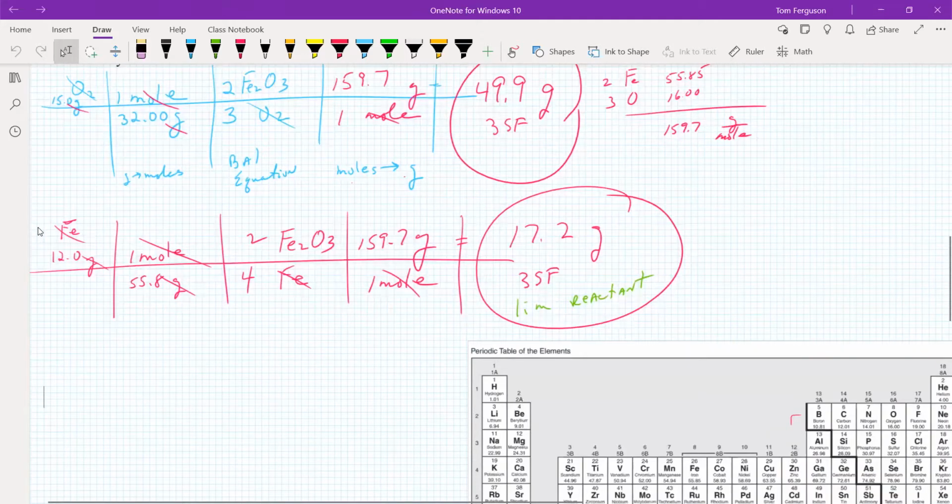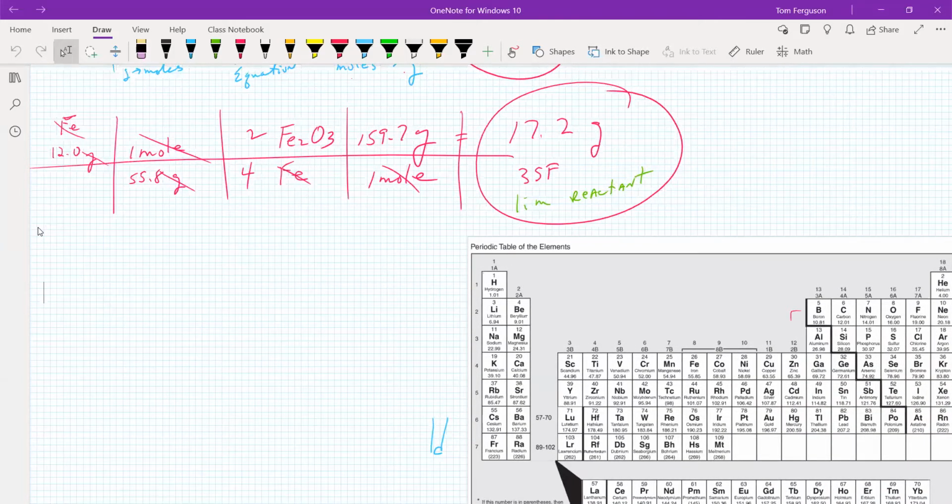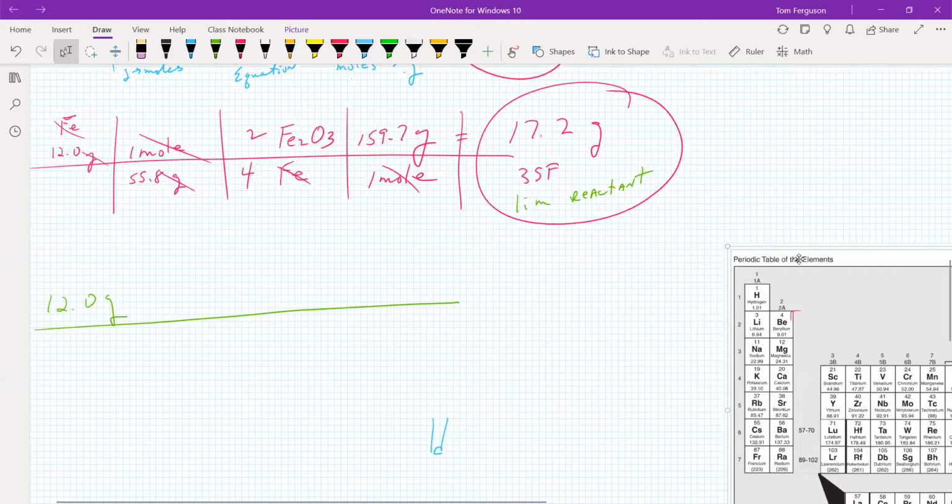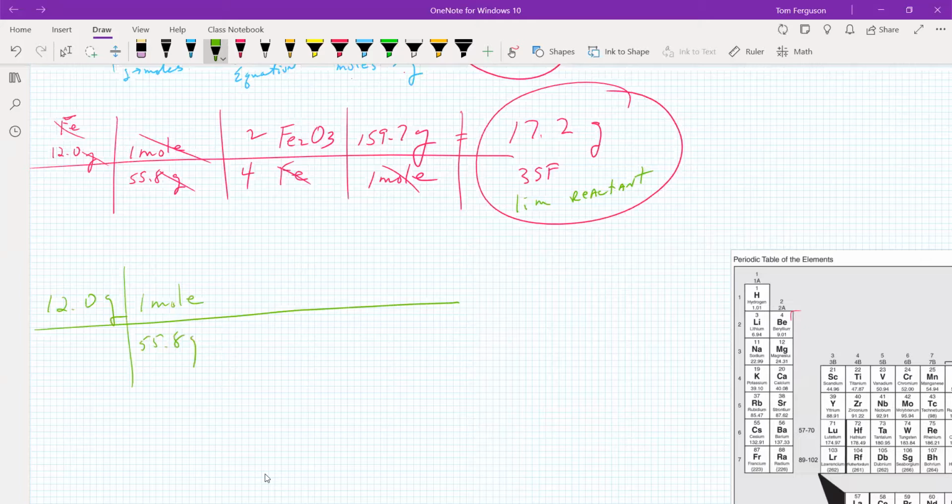Okay. And there's two approaches on this, but the easiest way, if we start with the 12 grams of iron, how much oxygen is that iron going to need to totally burn up?